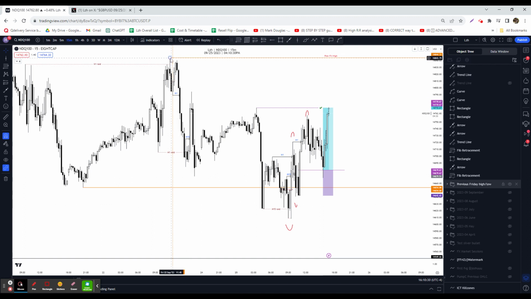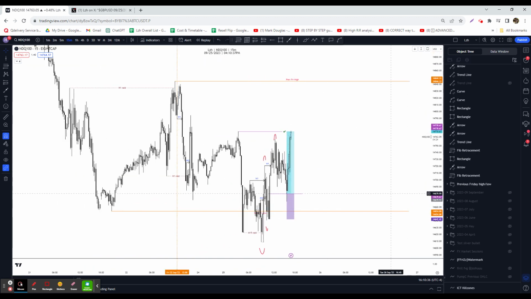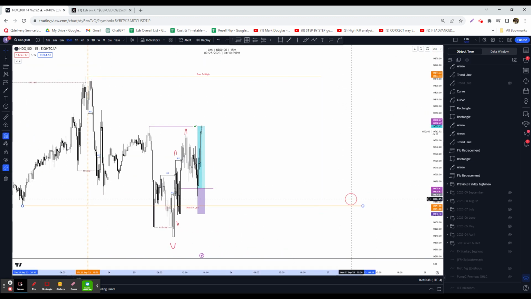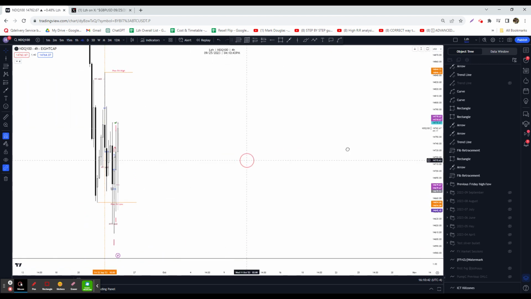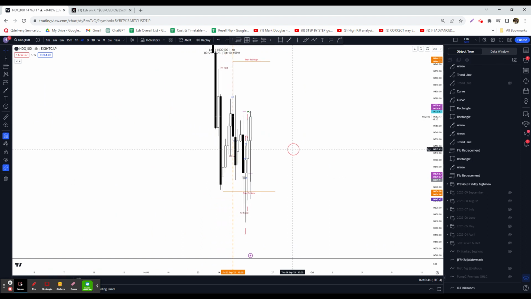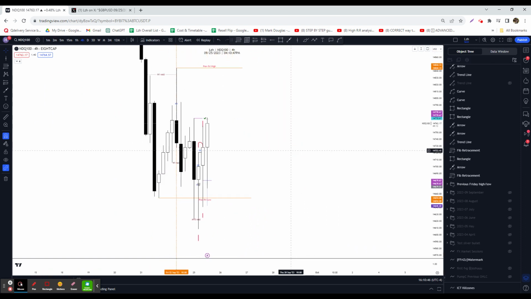So I mark out this previous Friday high and previous Friday low, which is in the orange color. If you refer back to H4, we didn't break with displacement. That's why we had a push down to the downside and broke this level again.